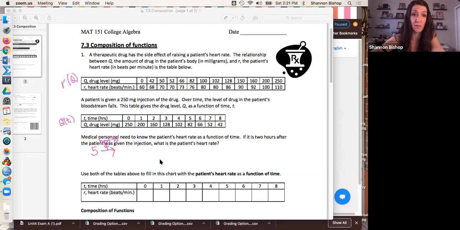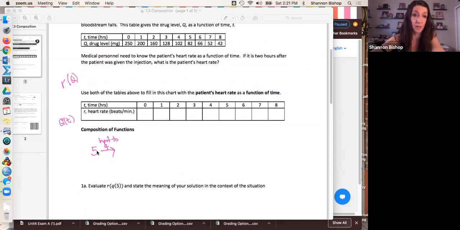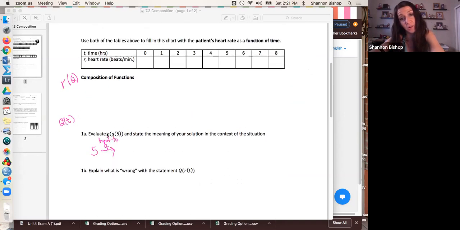And that is to figure out what happens when 5 gets plugged into the function named Q. R of Q of 5. This one. This is the only table that tells me that I can do Q of 5. That notation right there would be Q of 5, and that's what I need.